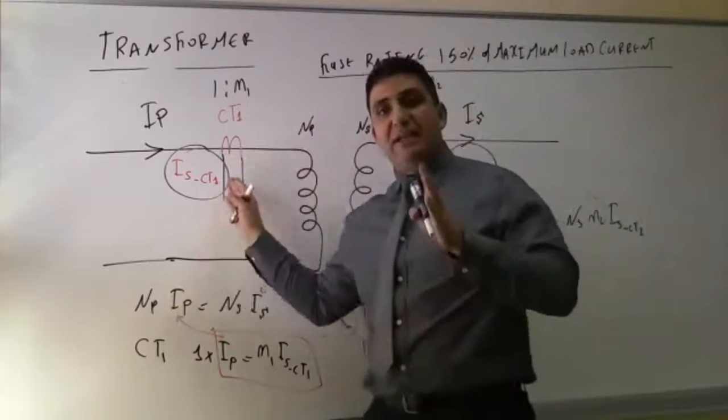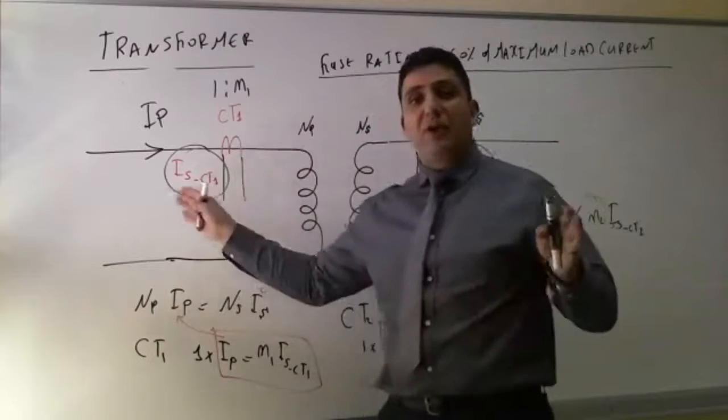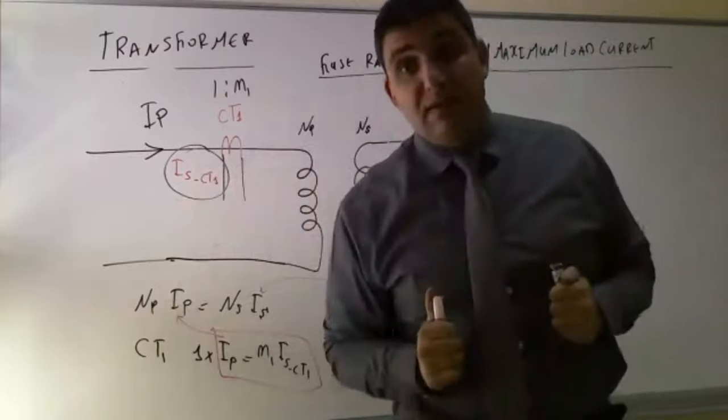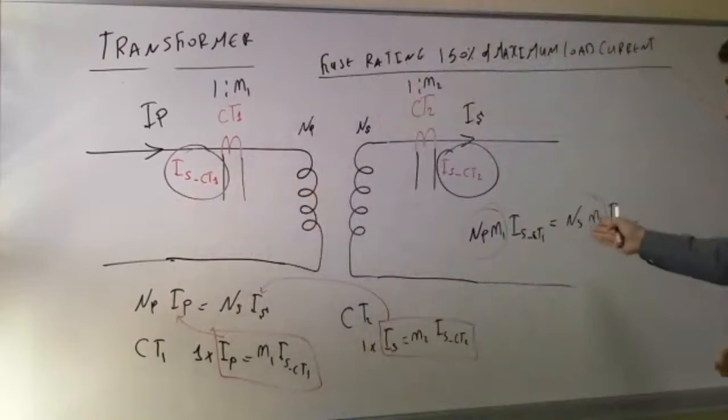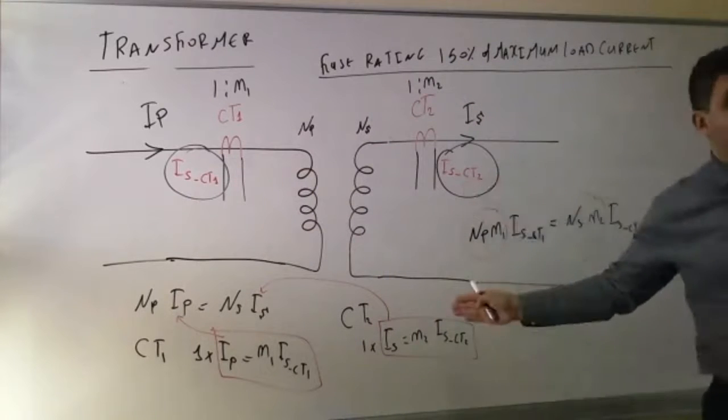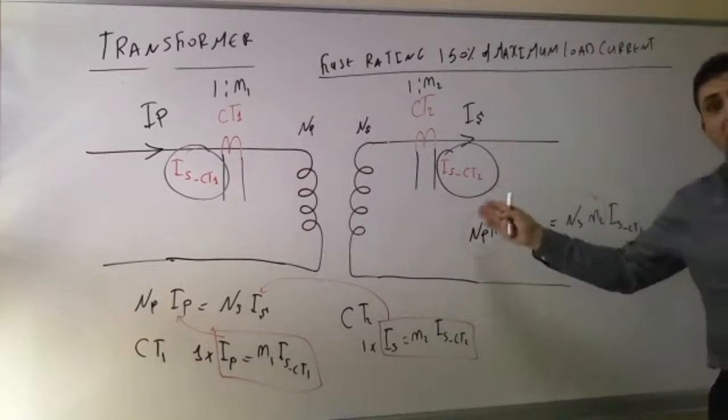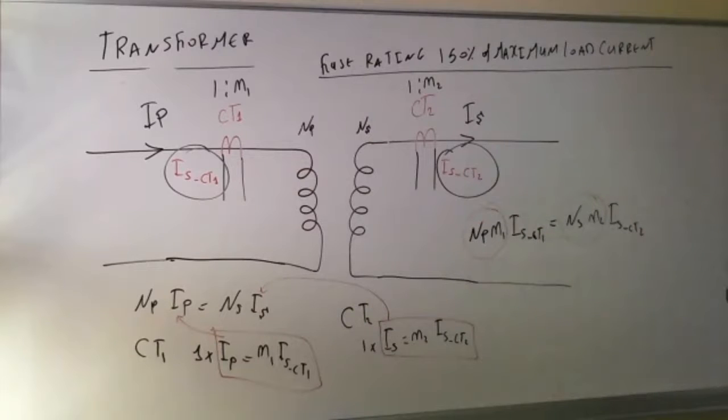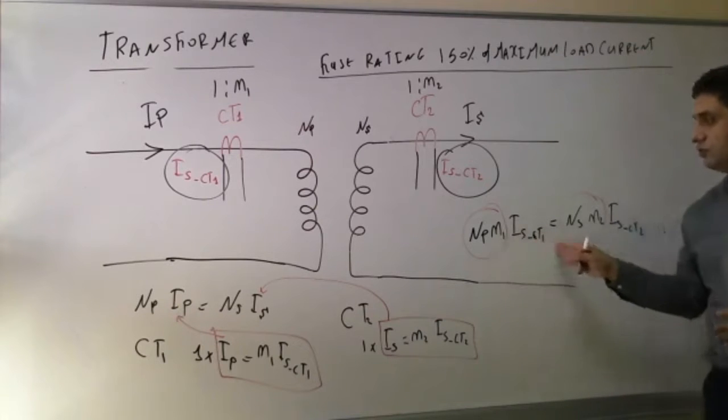We've already covered in depth the relation between primary and secondary for the CT, current transformer, and I'm pretty sure all of you would be able to come up with this logic, this setup. Is that clear? I don't think that will cause a major issue for you to determine this.